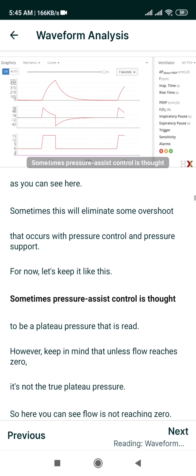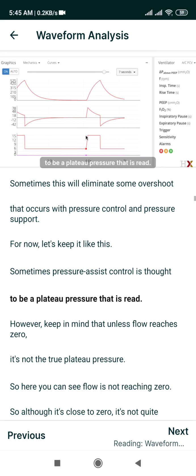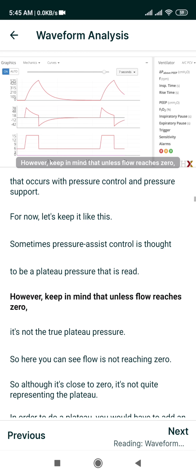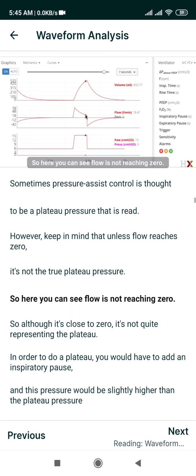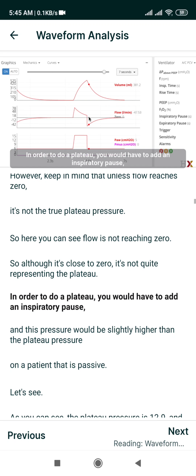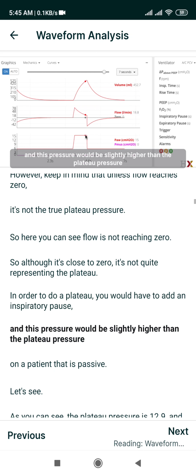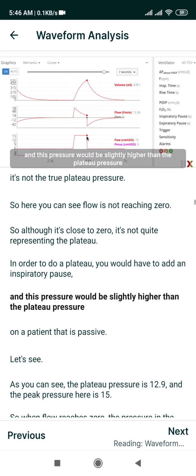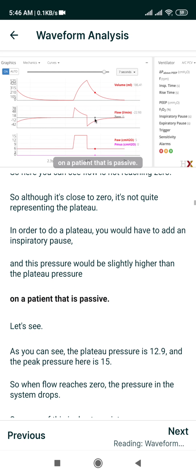Sometimes pressure assist control is thought to be a plateau pressure that is read. However, keep in mind that unless flow reaches 0, it's not the true plateau pressure. So here you can see flow is not reaching 0. So although it's close to 0, it's not quite representing the plateau. In order to do a plateau, you would have to add an inspiratory pause, and this pressure would be slightly higher than the plateau pressure on a patient that is passive.